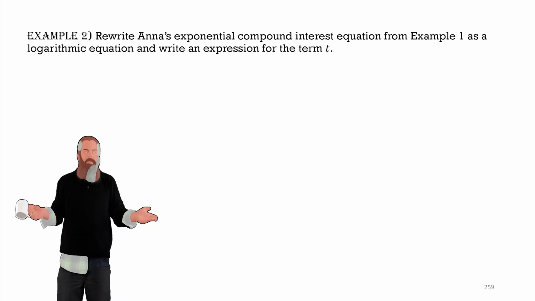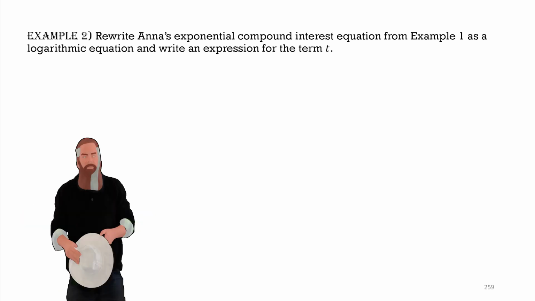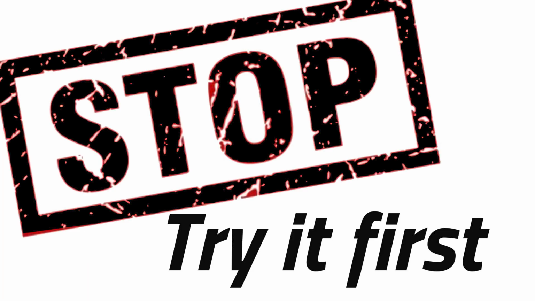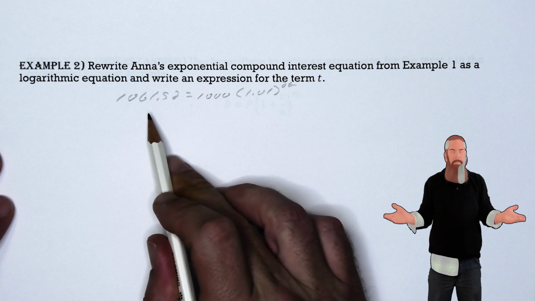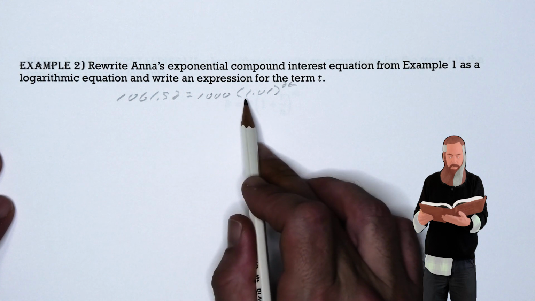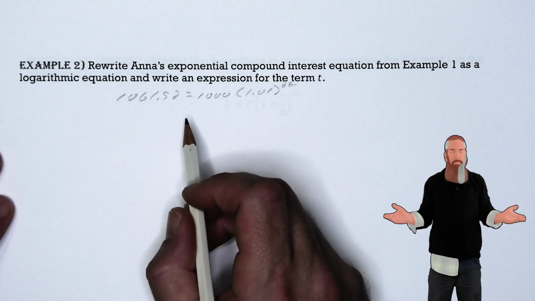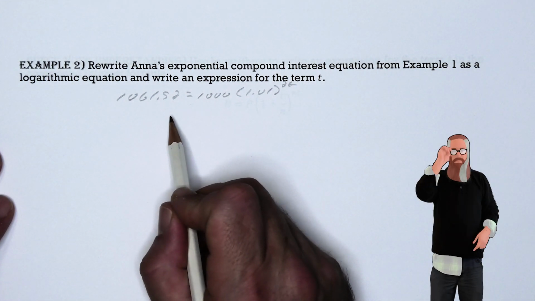Let's rewrite Anna's exponential compound interest equation from the first example as a logarithm equation and write an expression in terms of t. Now the equation we had was 1061.51 is equal to 1000 times 1.01 to the 2t power. So the first thing we're going to do is divide both sides by 1000.